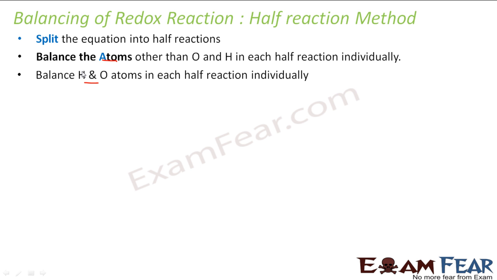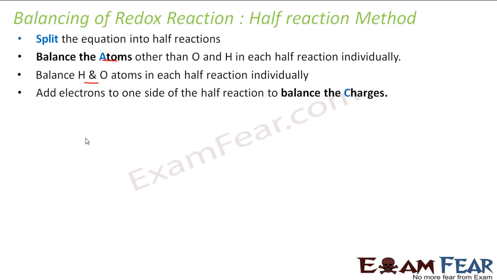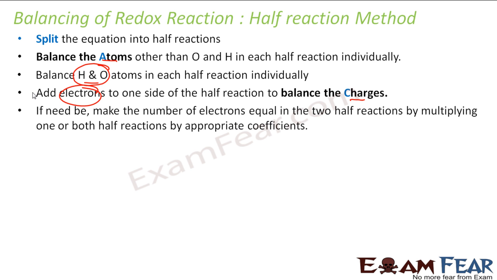That means the next step is to balance atoms, and then you have to balance charge. But in atoms, the first priority is given to atoms other than hydrogen and oxygen, and then the priority is given to oxygen and hydrogen. To balance the charge, you add electrons on each side, and then make sure that the electrons are the same in both reactions.